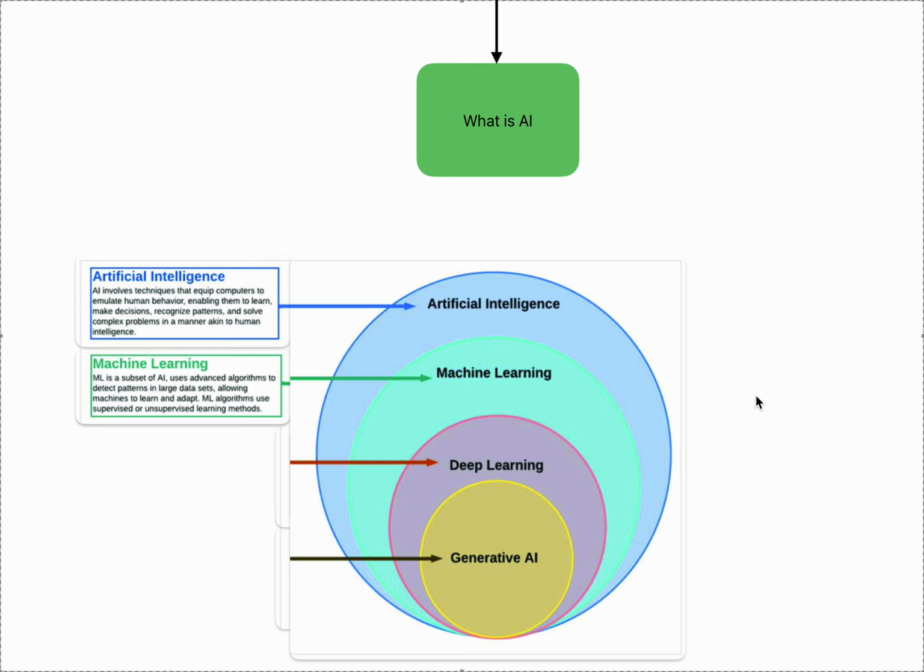So in other words, supervised is when the machine already knows what the data is and can make predictions, and unsupervised is when the machine doesn't even know the labels of the data, so it has to understand patterns.